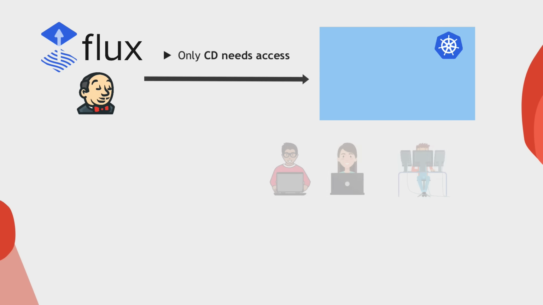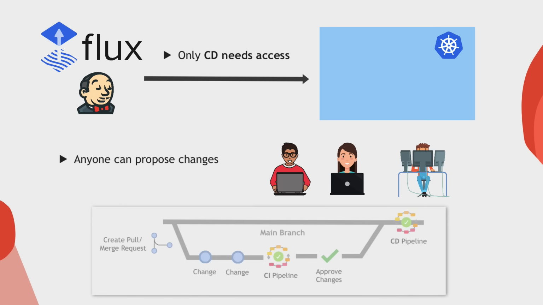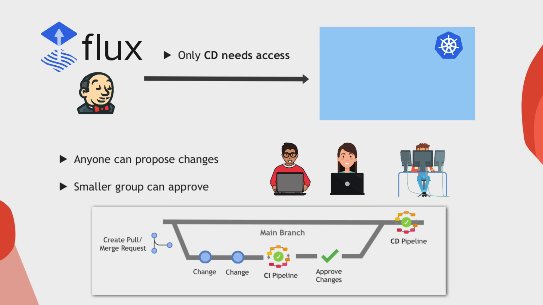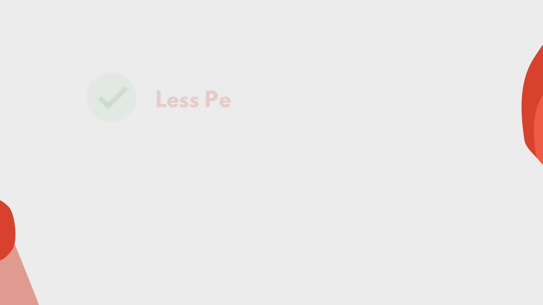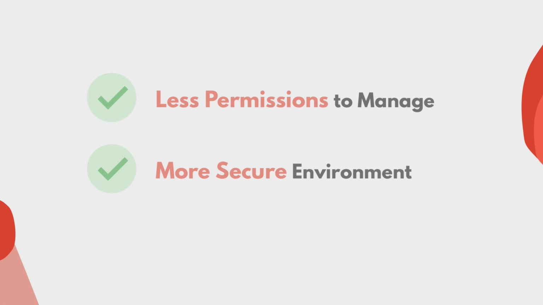But anyone on the team can propose changes to the infrastructure in the Git repository through pull requests. And once it's time to merge that pull request and apply those changes, you can have a much narrower group of people who are allowed to approve and merge those changes into the main branch so that it gets applied. And as a result, you have less permissions to manage and a more secure environment.